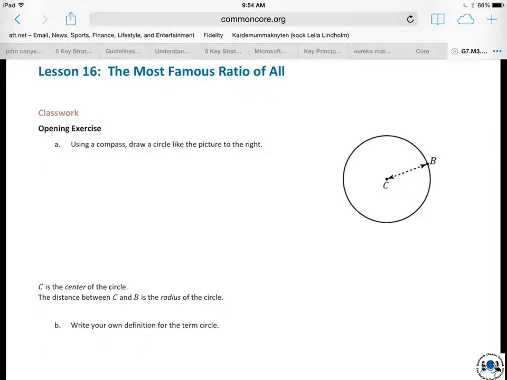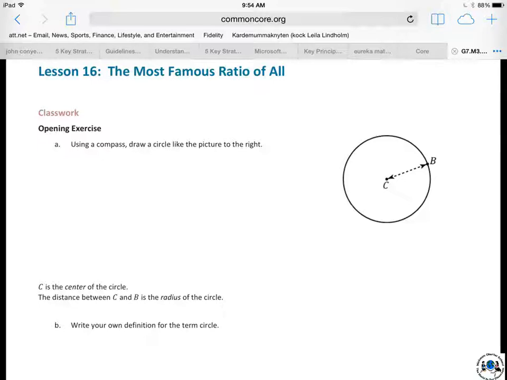In this lesson we're going to learn a lot about circles and define different parts of circles, and talk about relationships in a circle, the different measurements, different dimensions of a circle, and how those relate to one another.